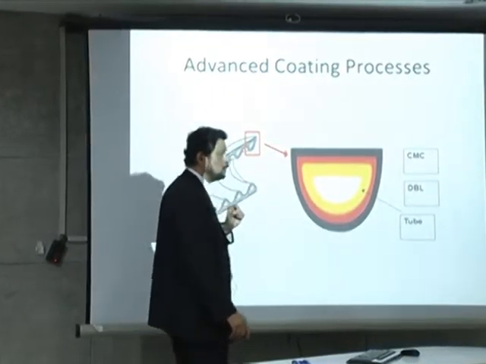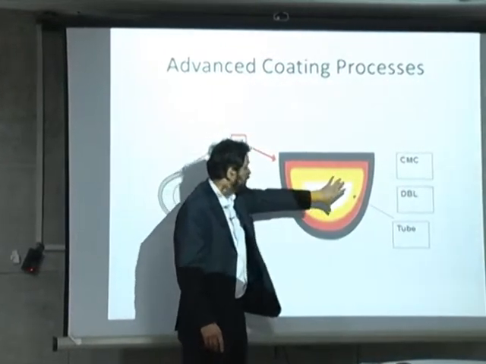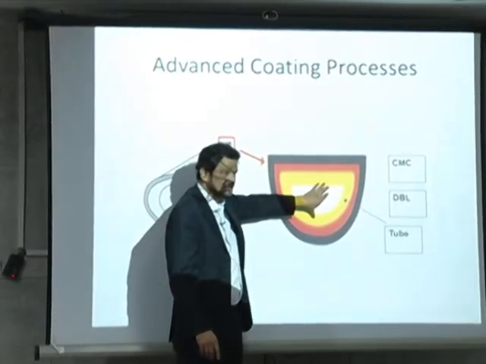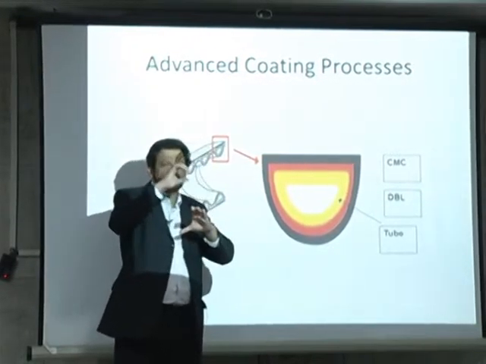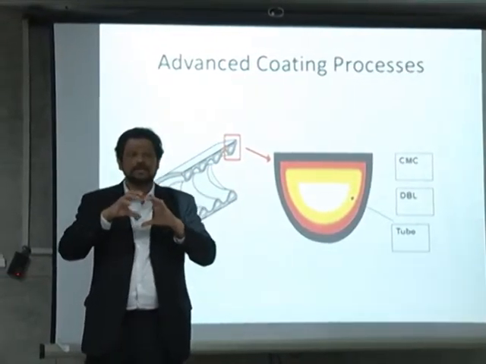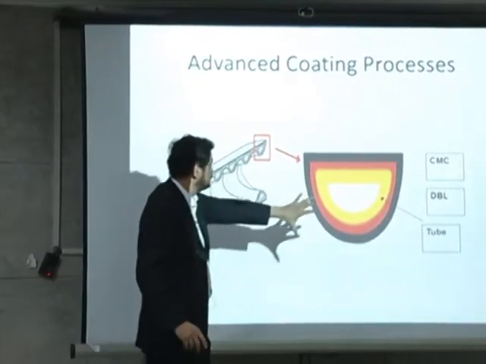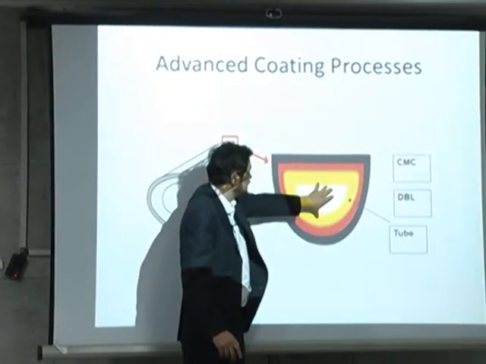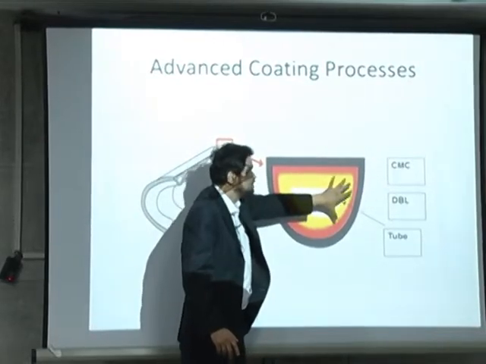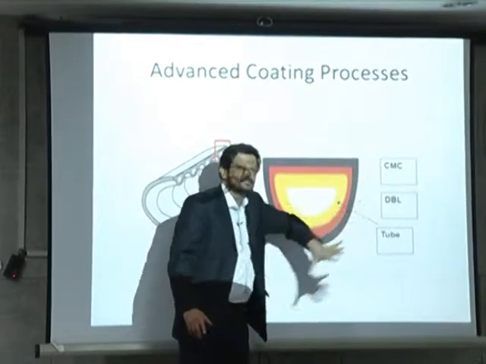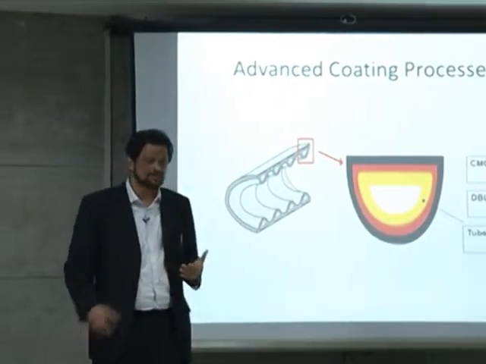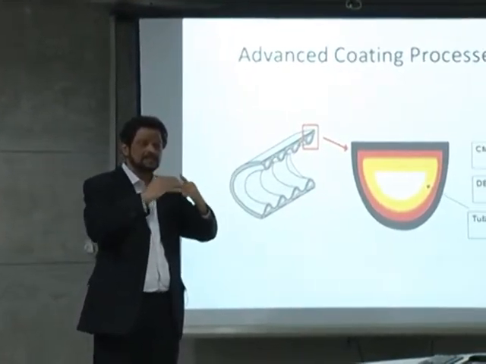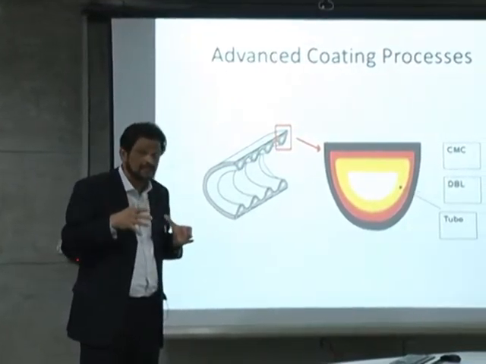For that, you need a tube of certain material, but you need different types of layers on that, because one material is good for corrosion inside, the other one is good for diffusion, the other layer is good for heat resistance, and so on. So there are different layers on the tubes, and that is done by coating.